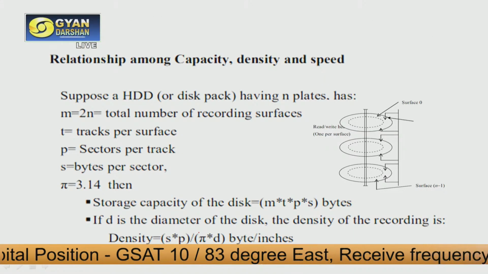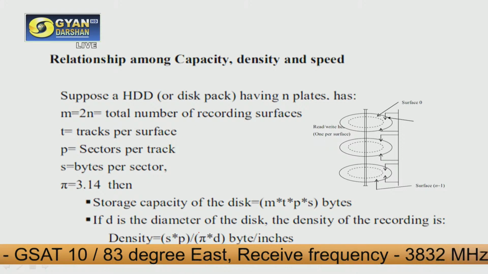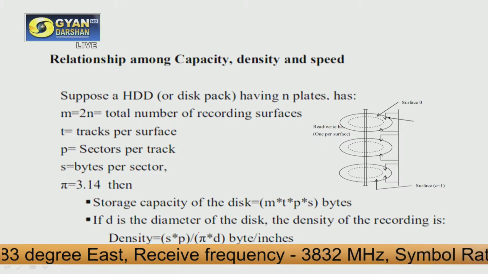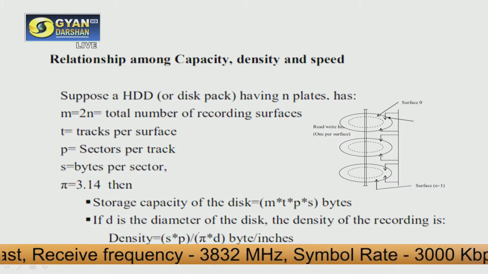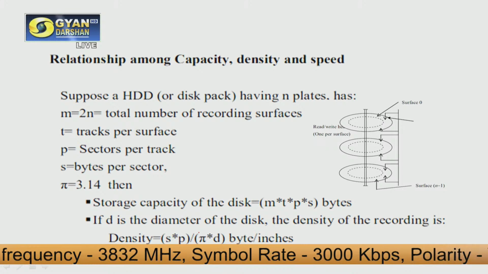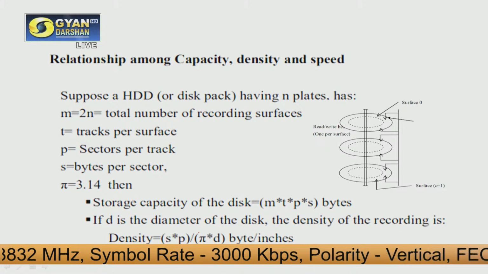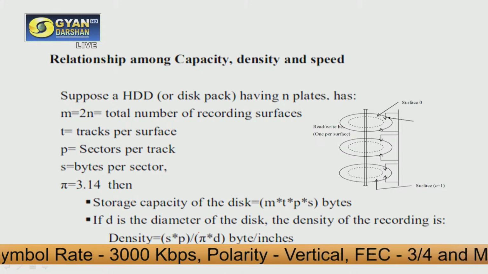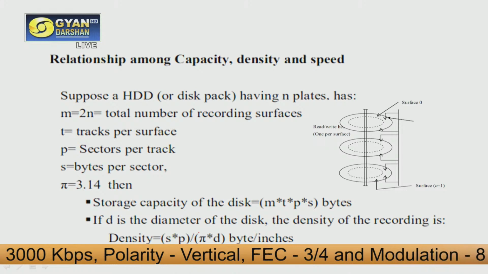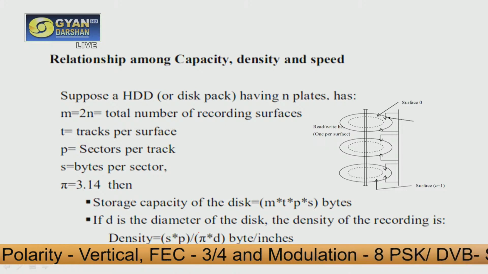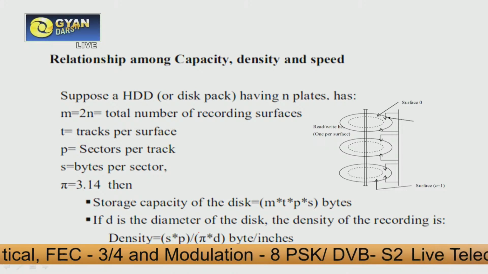If T is the tracks per surface and P is the sectors per track, and if S bytes are stored per sector, and we know that pi is equal to 3.14, then the storage capacity of the disk is given by m into T into P into S, that is, total number of recording surfaces into tracks per surface into sectors per track into bytes per sector.